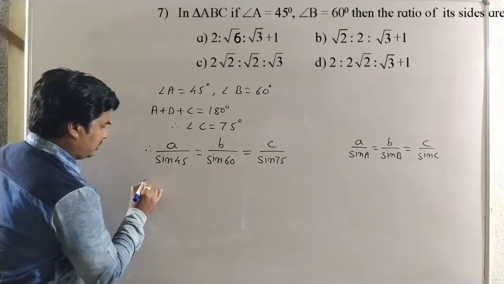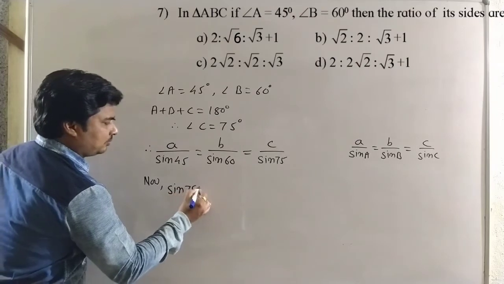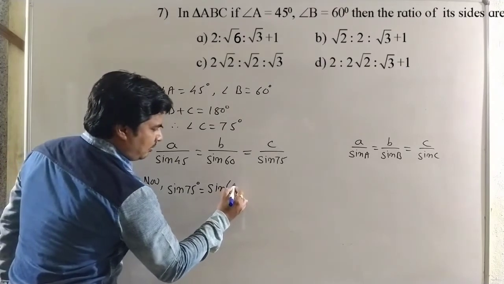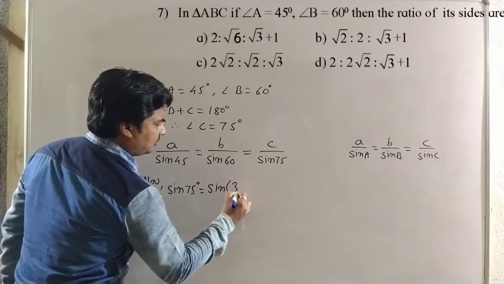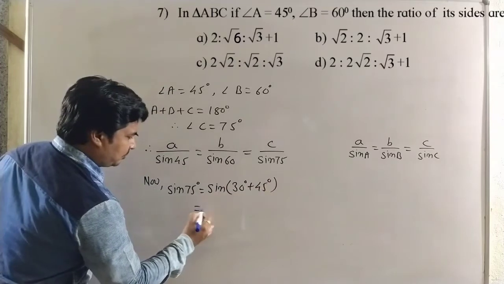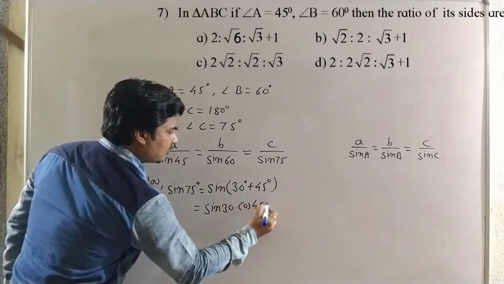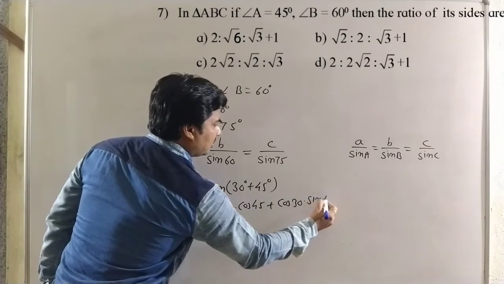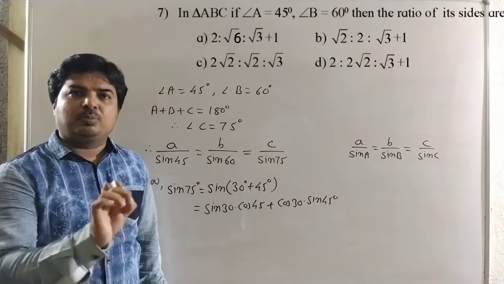Sine 75 degrees is equal to sine of 45 degrees plus 30 degrees, or 30 degrees plus 45 degrees. Here we use the formula sine (A plus B), sine A cos B plus cos A sine B.